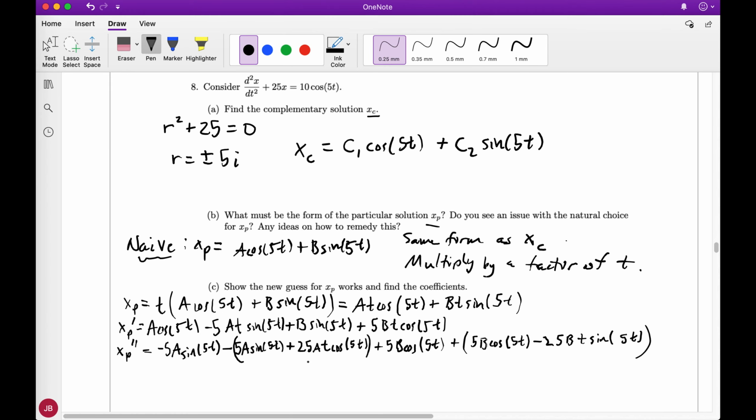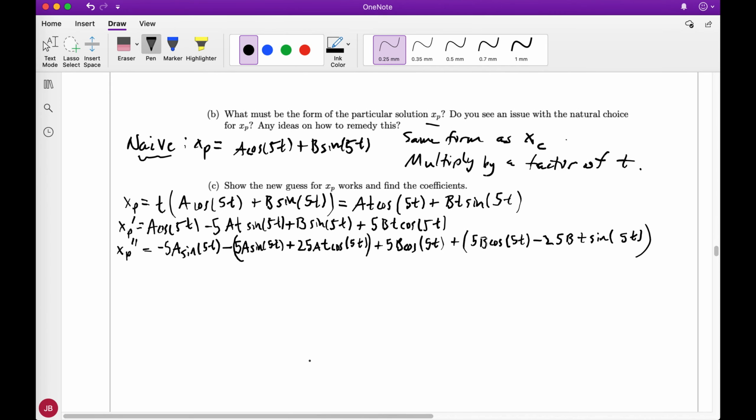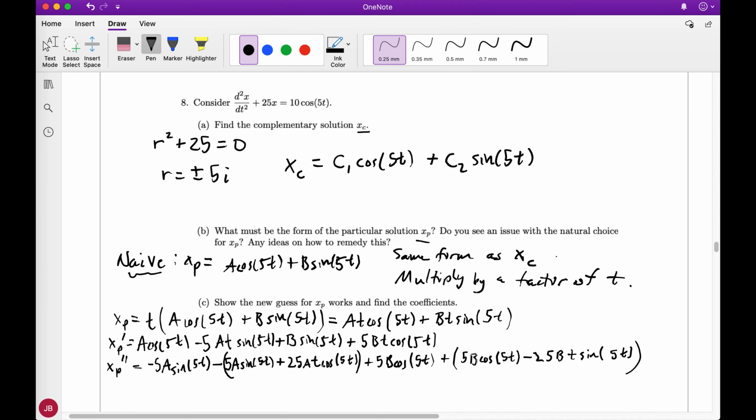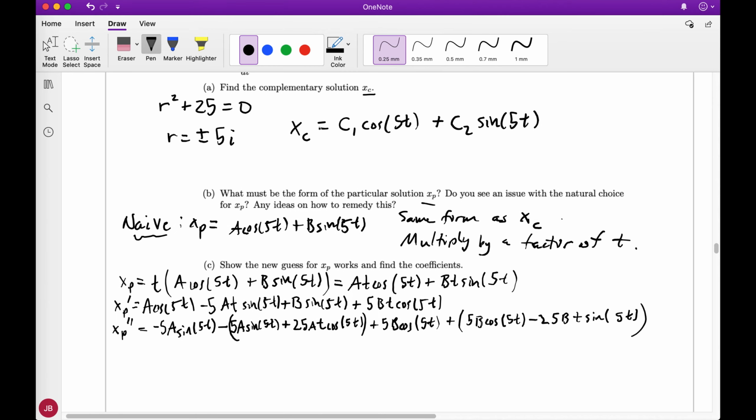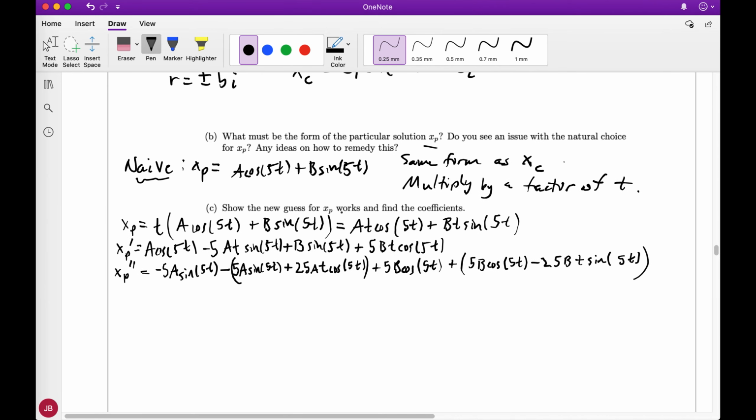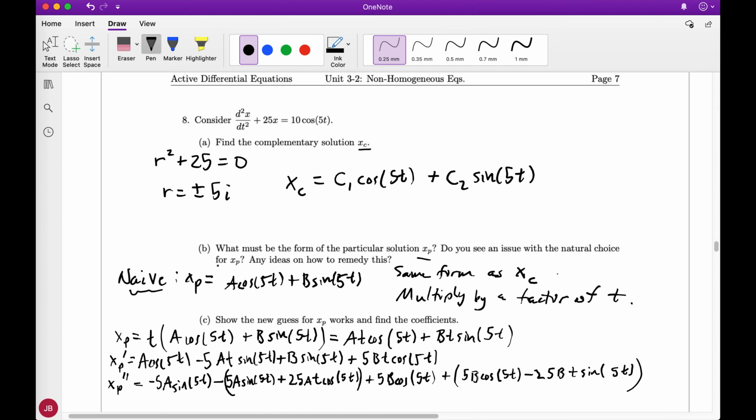All right, so what that tells us is that the 10 cos 5t from the right-hand side has to equal xp double prime, which is all of this here, plus 25 times just xp, which is this here.